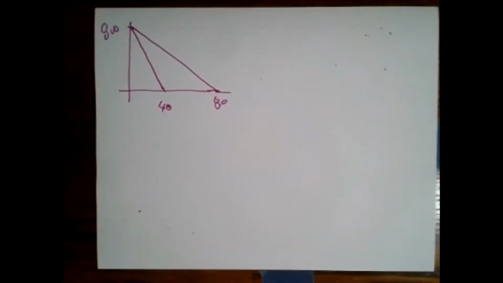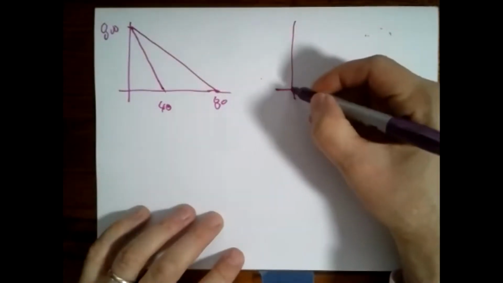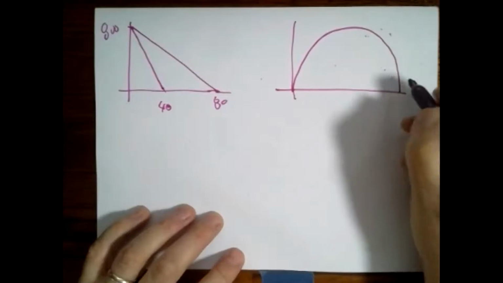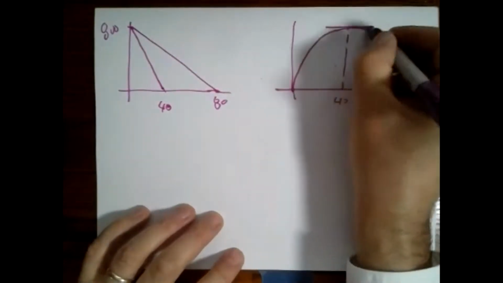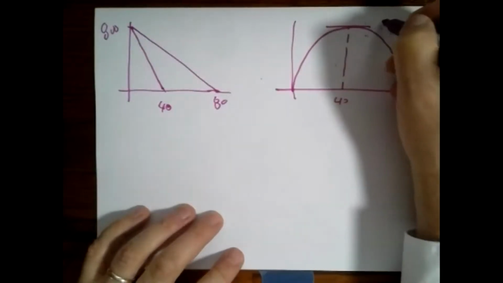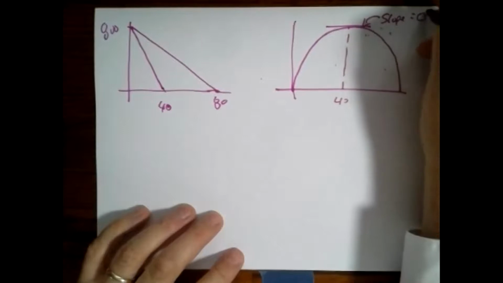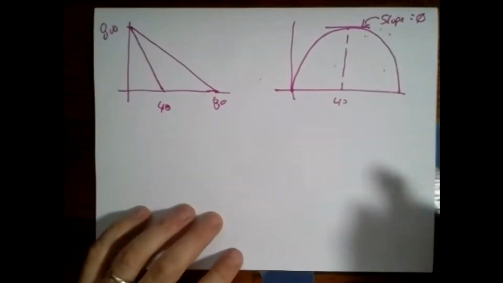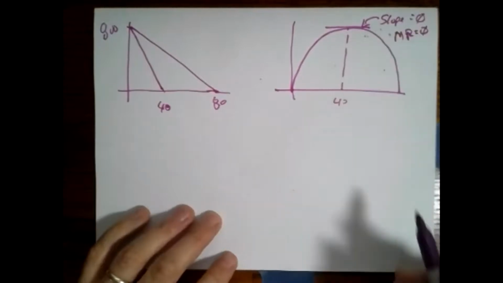Which is also where we said the slope is 0, or in other words, marginal revenue equals 0 at 40.